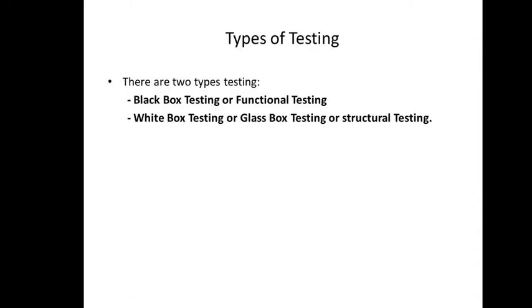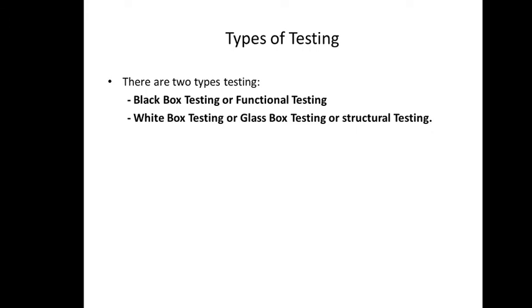Now what are the different types of testing? We have two types: black box testing, or functional testing, and white box testing, or glass box testing, or structural testing. These are interchangeable names. So what is black box testing? We check whether the functions present in the SRS document are being fulfilled or not.